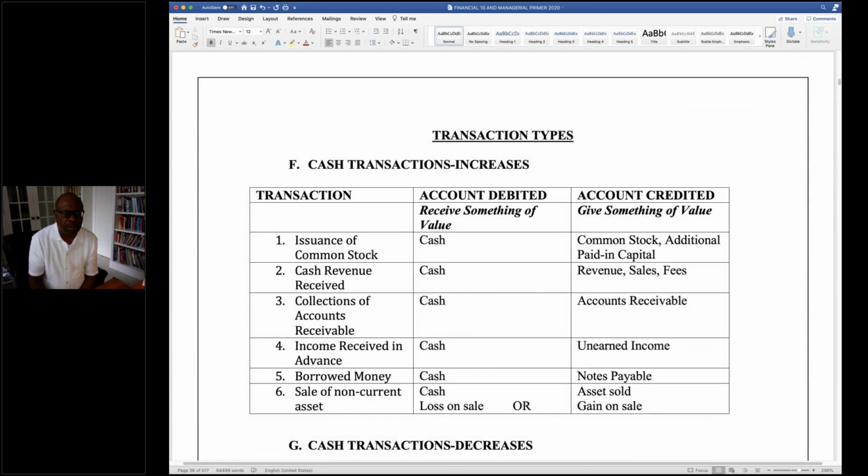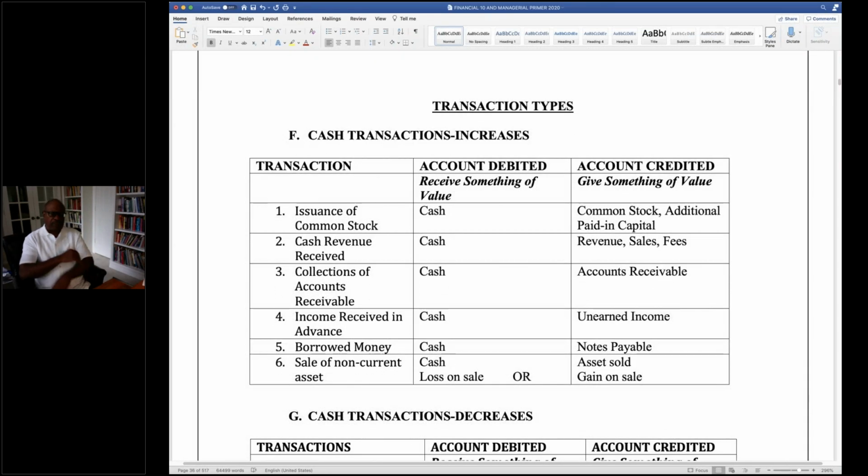Let me go back to the primer for just a second. What I did to ensure that you could make journal entries was to say, okay, there's 6 types where cash comes in. And if cash is coming in, it's debited. So if you identify 1 through 6, you got to debit cash.